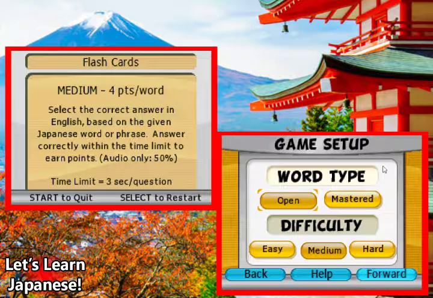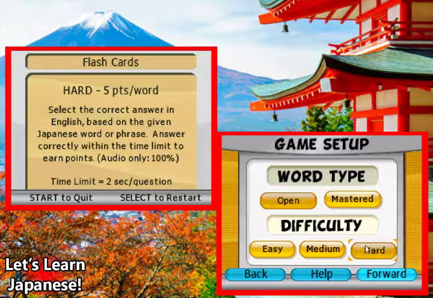Some of them are audio only, which is good. We have 2 seconds per question on hard mode. I kind of want to try this because it's just going to be like listening and trying to. We don't get any visual cue. But we have 2 seconds also, so our reflexes got to be good.